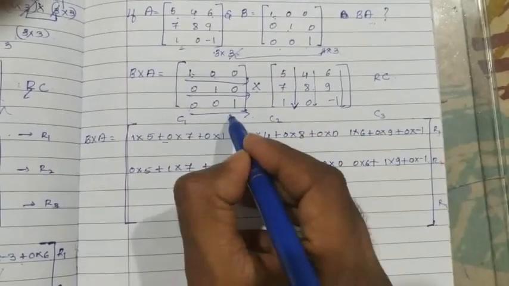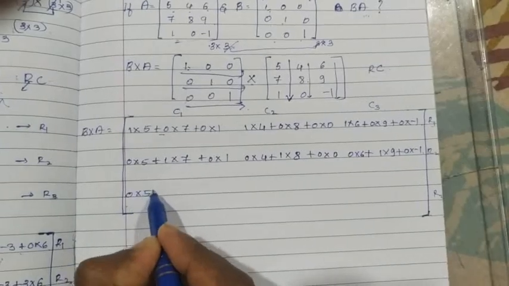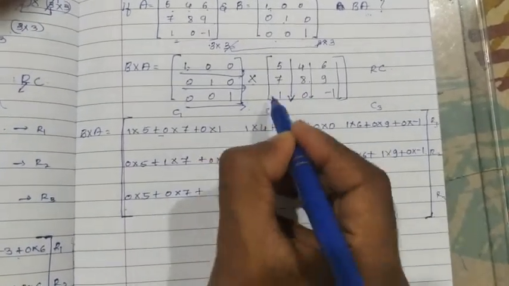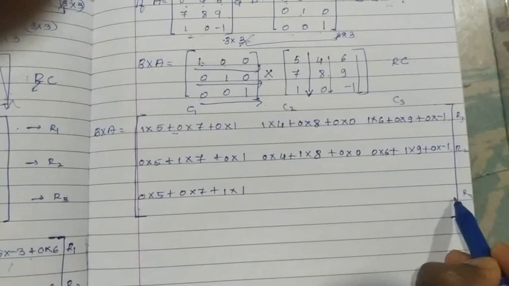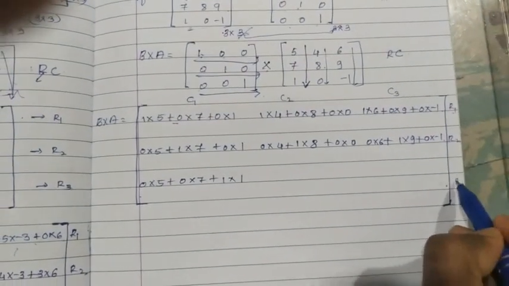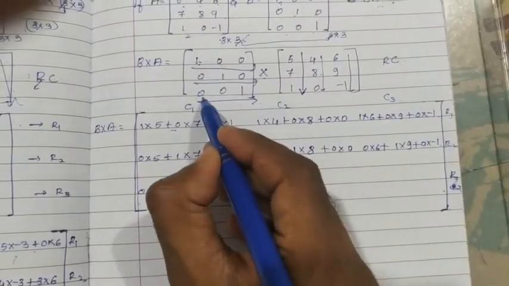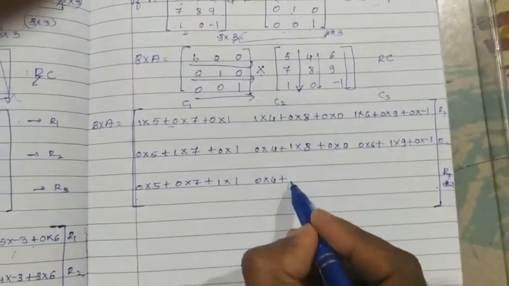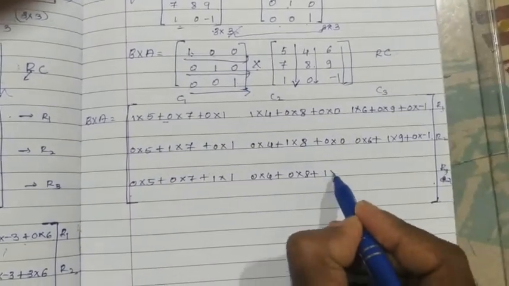Now all the entries of the second row with the first, second and third columns are over. Next we come to the third row: 0 into 5 plus 0 into 7 plus 1 into 1. This is third row, first column. All the entries should be present in the third row. Next, third row, second column: 0 into 4 plus 0 into 8 plus 1 into 0.